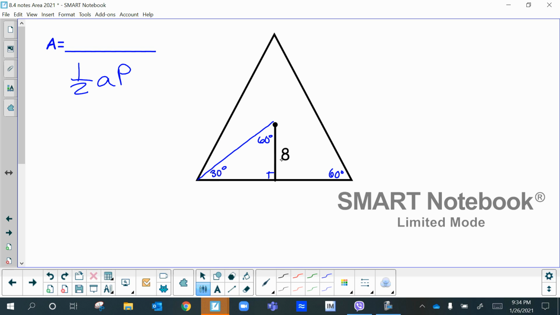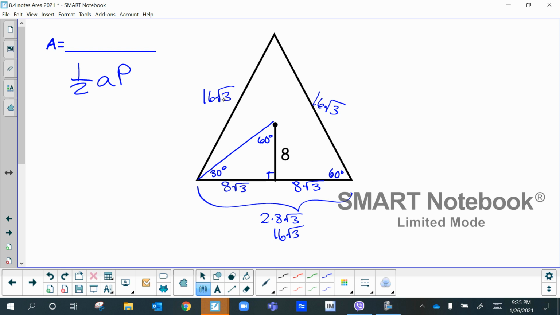So if the short leg is 8, the long leg is going to be 8 radical 3. Well, this is all symmetrical, so it's going to be 8 radical 3 over here. So what is the whole entire side length? 8 radical 3 plus 8 radical 3, or 2 times 8 radical 3 is a better way to think of it, is just 16 radical 3. So all of the side lengths are 16 radical 3.